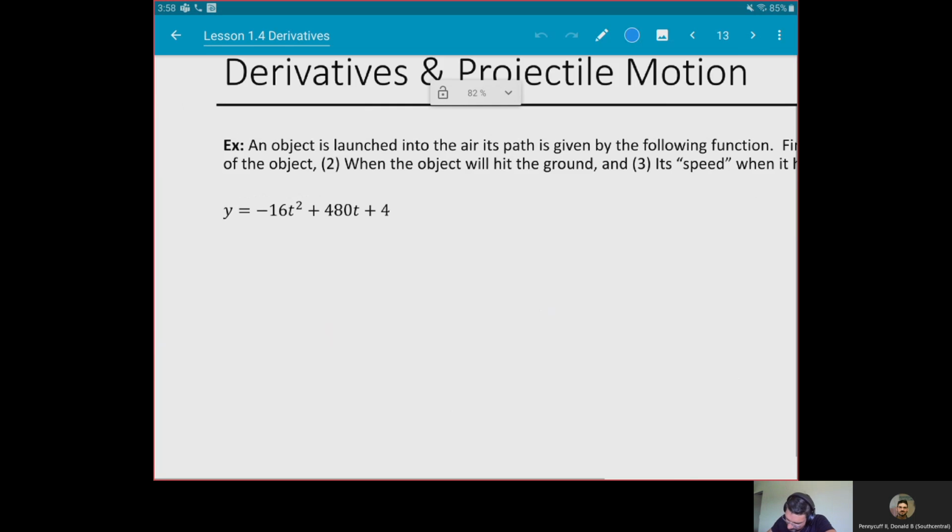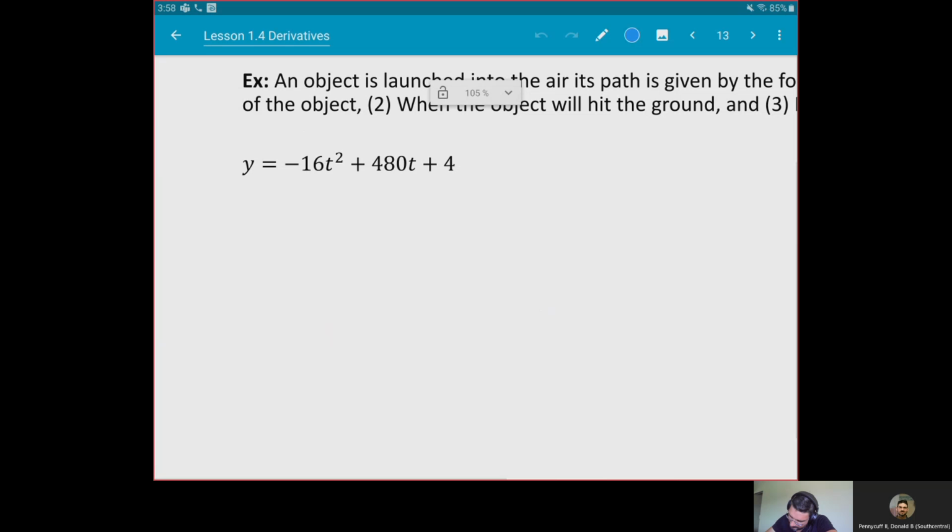All right, so right here we have our trajectory, and just like it was before, this is a frowny face. That's the shape that it makes. So the first thing I'm going to do, find derivative.